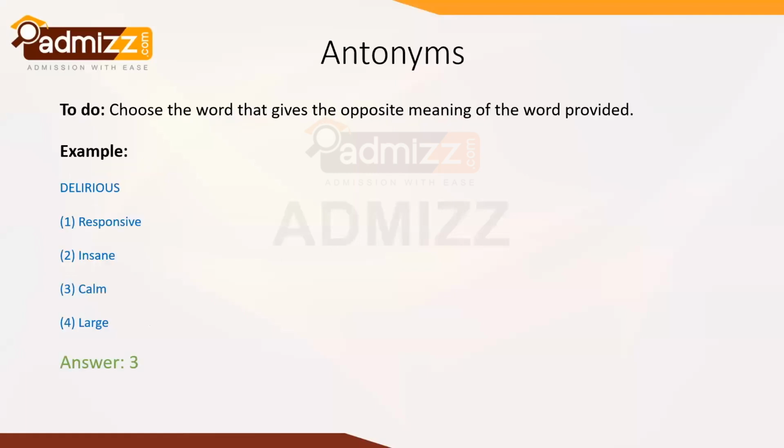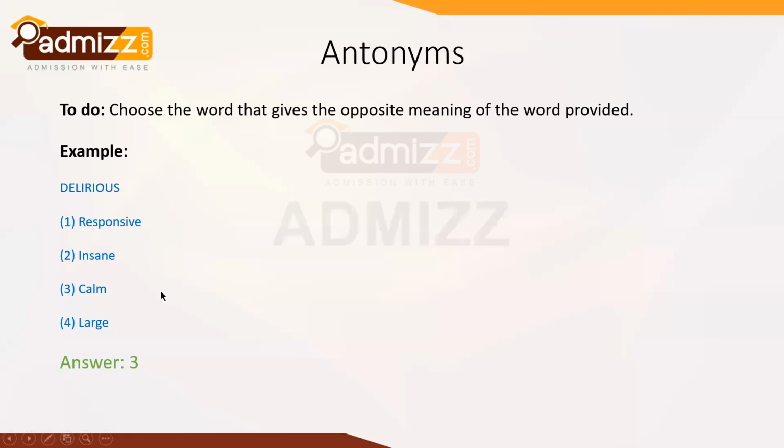Now, next up, we'll be moving on to our next topic, antonyms. Antonyms are words that give opposite meanings of the words provided. In problems that ask you to find opposite meanings, you simply choose the word that gives the opposite meaning of the word provided from the four options given to you.